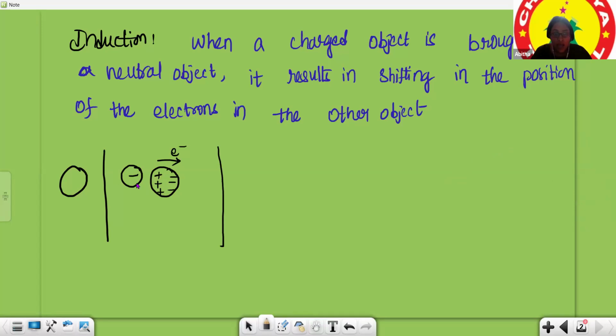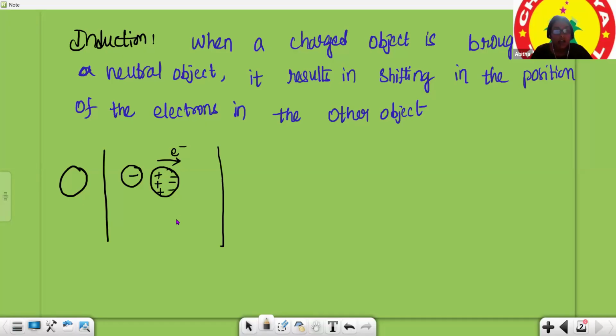As you take a negatively charged object towards this metal, it attracts the positively charged particles towards itself. So positive charge is pulled to one side and electrons are pulled to the other side. Understand? Yes, ma'am.